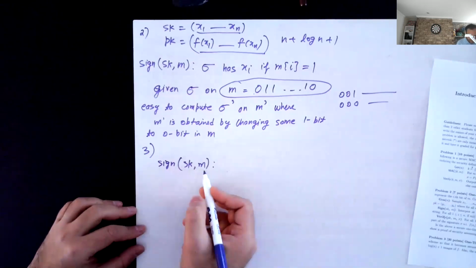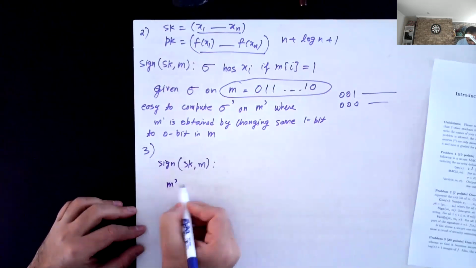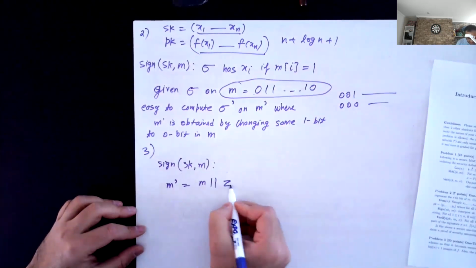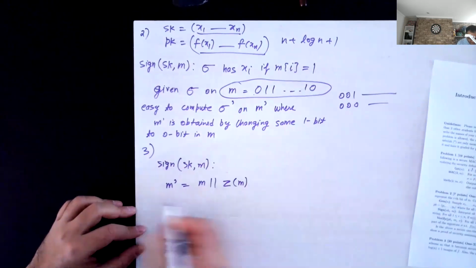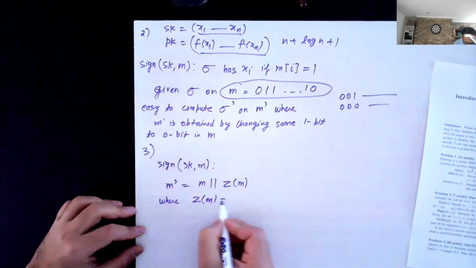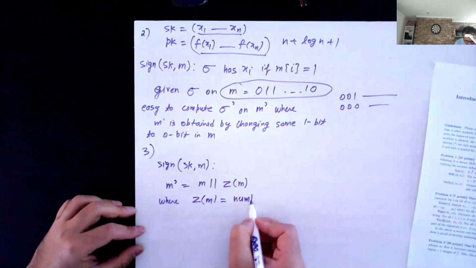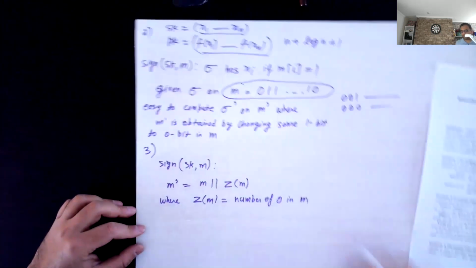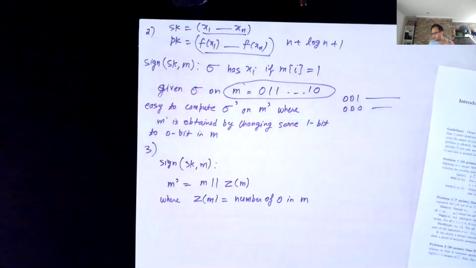So given the message m, you define another message m prime, where m prime is m concatenated with z of m, where z of m is equal to the number of zeros in m. Okay, you represent m as a bit string, and you concatenate the number of zeros.